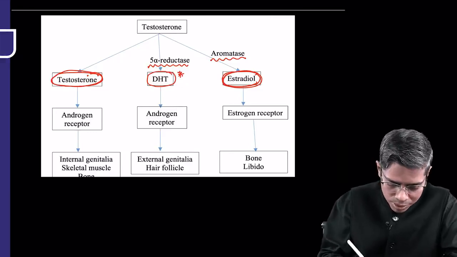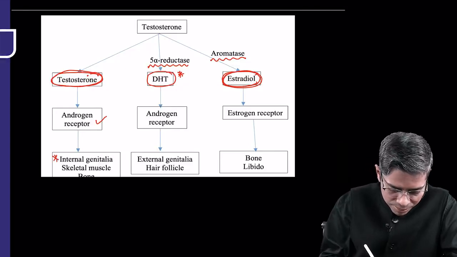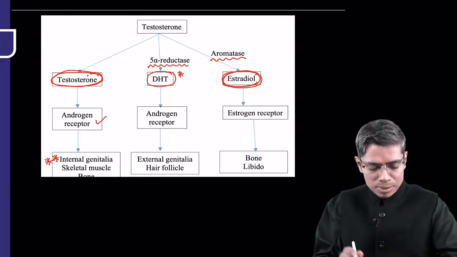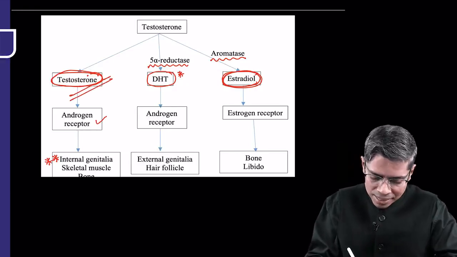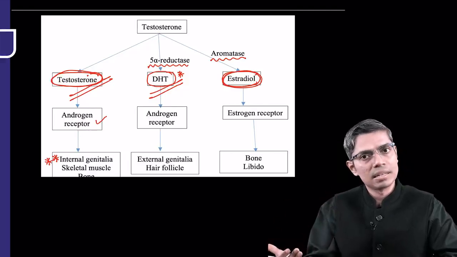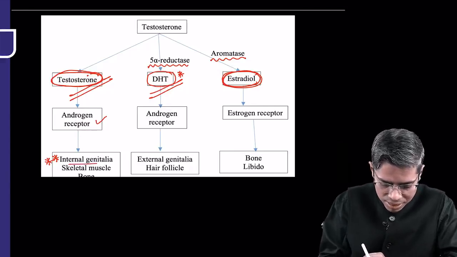Right, so it acts on the androgen receptor obviously, and it is responsible mainly for development of the internal genitalia. So remember, testosterone is for internal genitalia and dihydrotestosterone is for external genitalia development, right? That's why it is written that testosterone has its main action on internal genitalia.